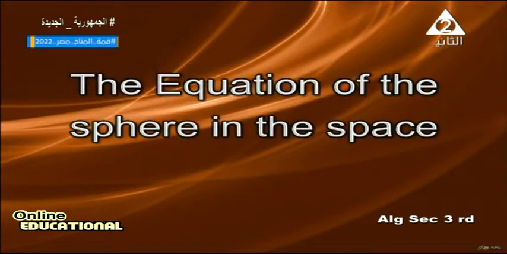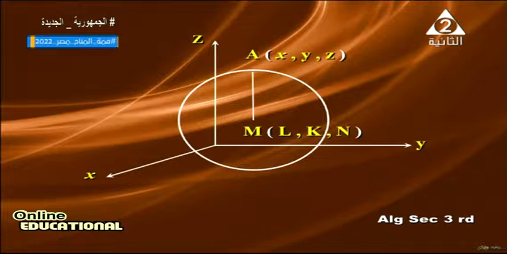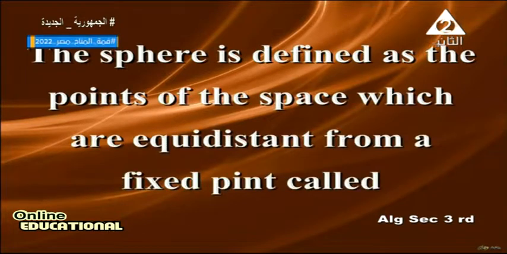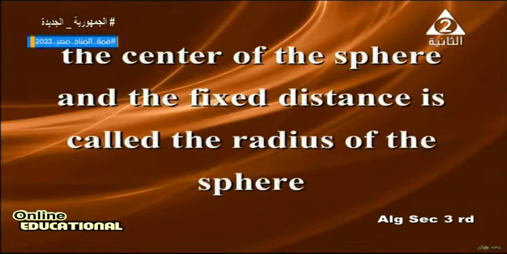Equation of sphere in space, a very important rule. Look, my dear student, the sphere is defined as the points of space which are equidistant from a fixed point called the center of the sphere, and the fixed distance is called the radius of the sphere.